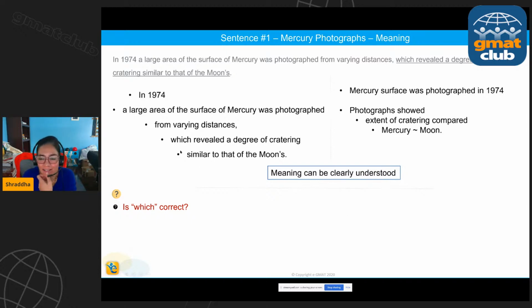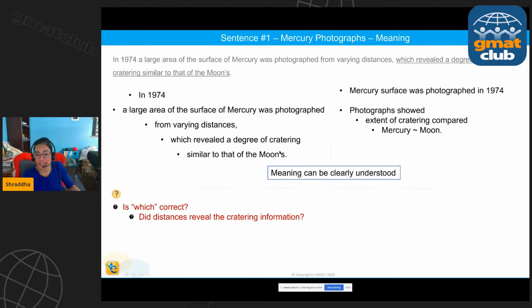Now, when I read this sentence, the usage of this "which" made me wonder what it is really talking about. I asked myself, is the usage of "which" correct in this sentence? Because the usage of "which" tells me that it is the varying distances that reveal the degree of cratering.